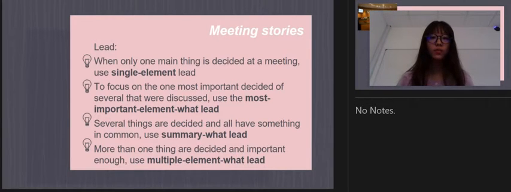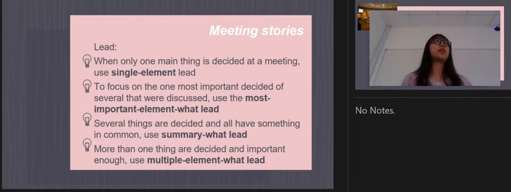And now we move to the meeting stories. Meeting stories usually report the important decisions made during the meeting, and you should pay attention to your lead. When only one main thing is decided during the meeting, use the single element lead.